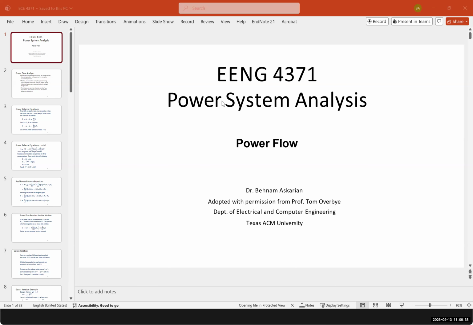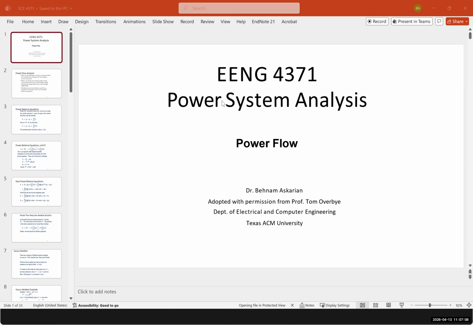Now, we learned that we can create an admittance matrix, and knowing the voltage and the admittance, we can calculate the current, or knowing the current and the admittance or impedance, which is the reverse of the admittance, we can calculate the voltage.